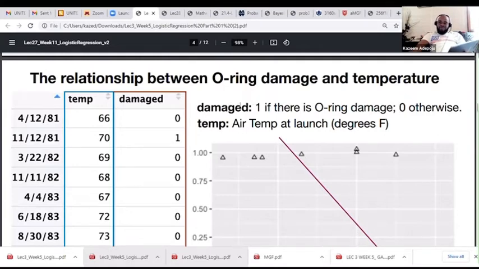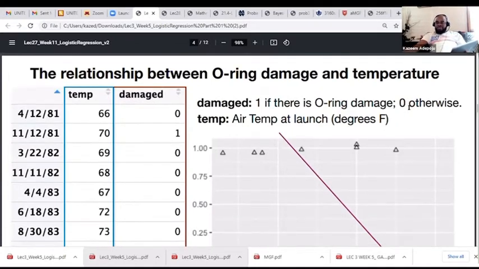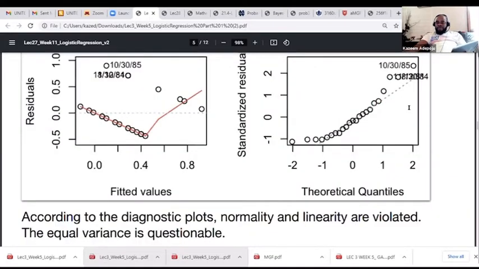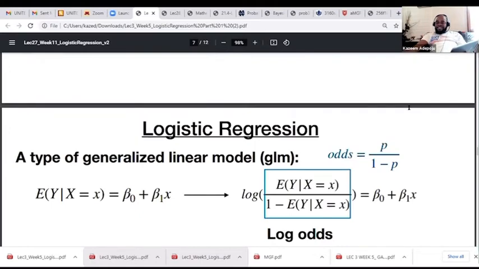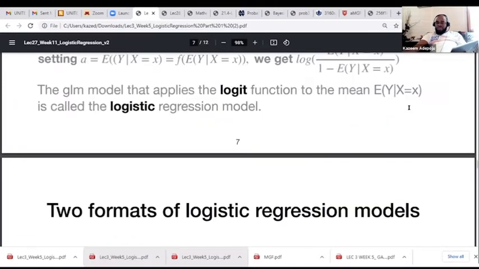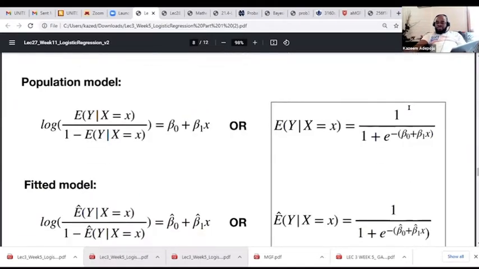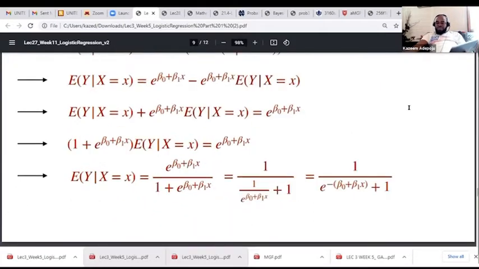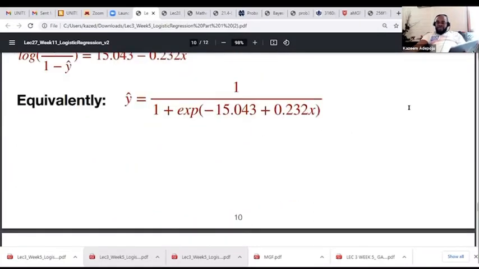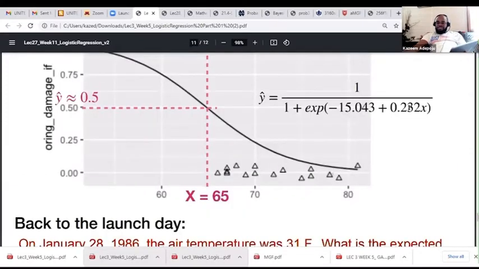So at the beginning we coded damage to be one, and we coded zero to be not damage. That is why when the probability is very close to one, you are saying there's a high chance of damage. When the probability is very close to zero, there's a low chance of damage. So that is why we took that decision there.